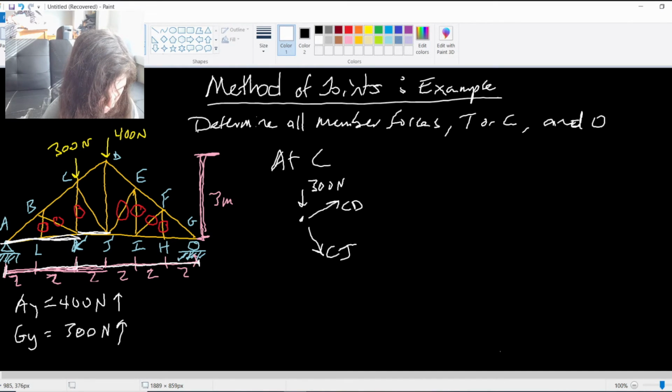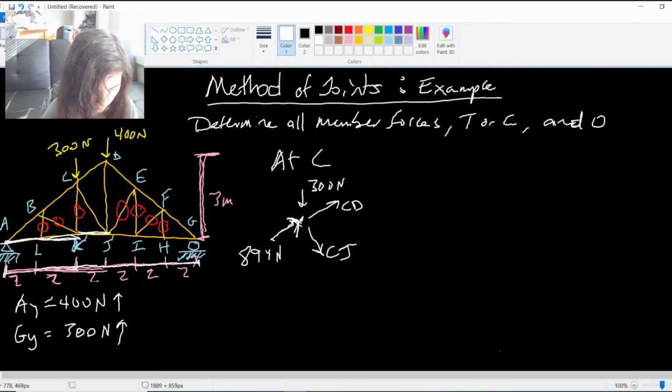And then I just found this BC force, right? Which I drew the wrong way. We found it was in compression. Let me draw that correctly. We found it was in compression, so arrow pointing in towards the joint. This is BC, which we found was 894 newtons in compression.